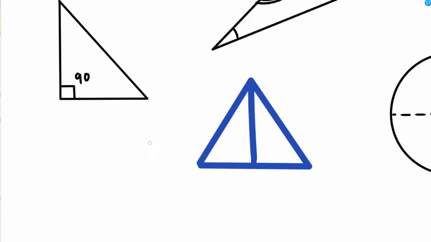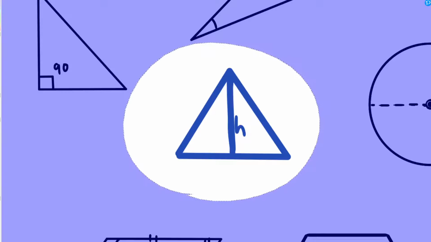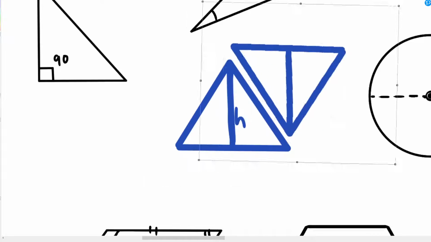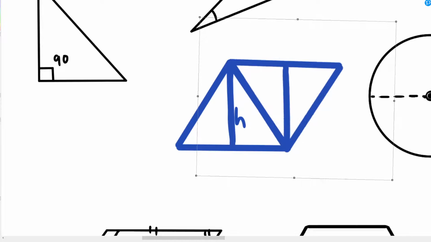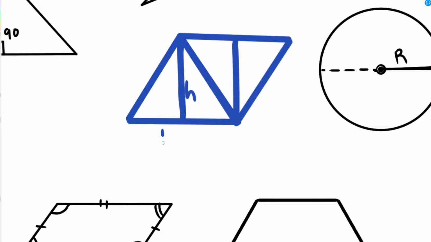For triangles that are not right triangles, if you have this, where I already drew the height line, and you take it and you duplicate it, and then you flip it and have it so the heights are parallel, you have a parallelogram, and parallelograms are still base times height for the area.